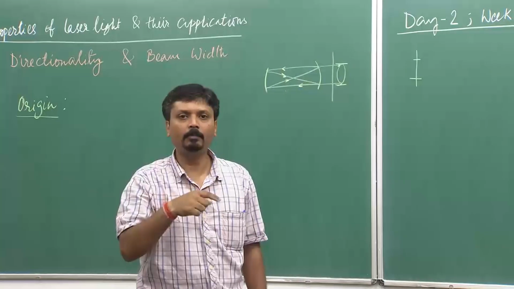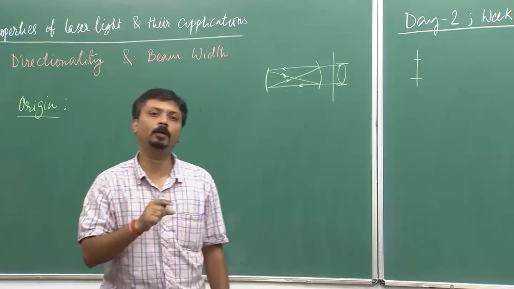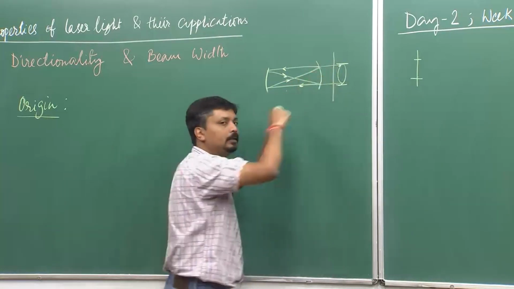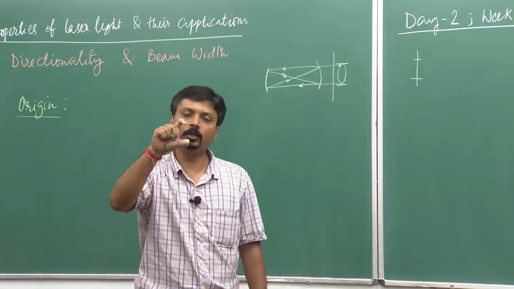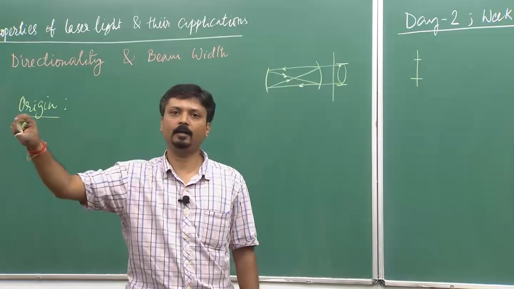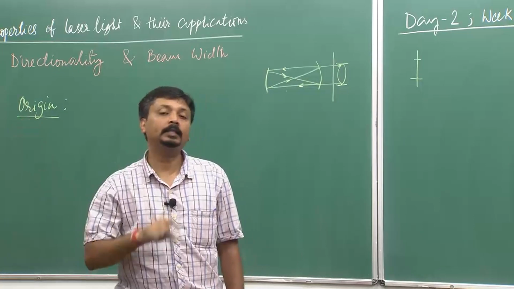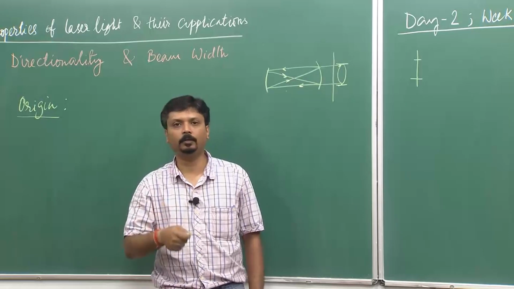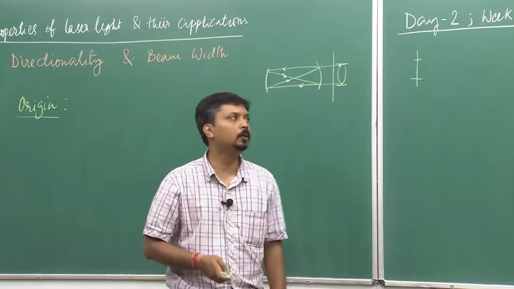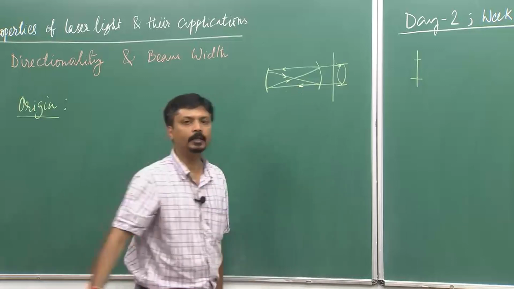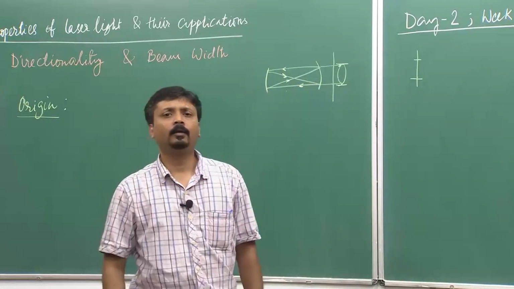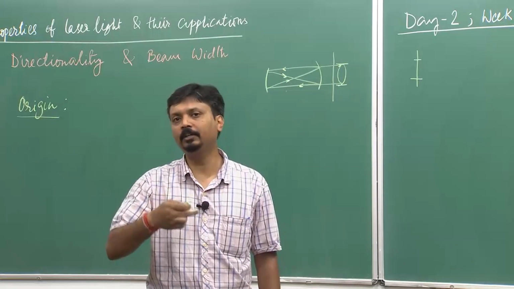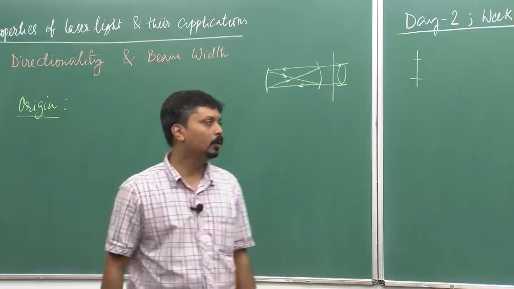We have been talking about a beam, but why do I say that it is a laser beam? Why don't I just say laser light? Because it is collimated, so the photons are coming like a physical beam. What is the difference between a steel beam or any other metal beam and this photon beam coming out of a laser? In the case of a metallic beam we have a physical barrier or boundary.